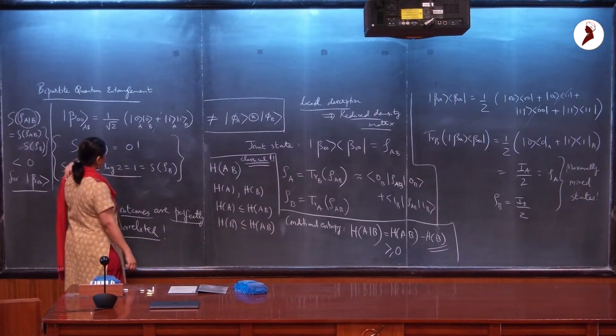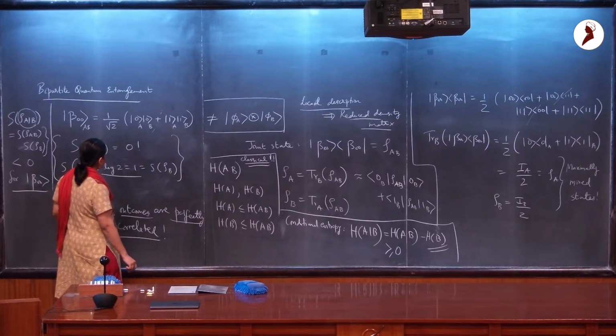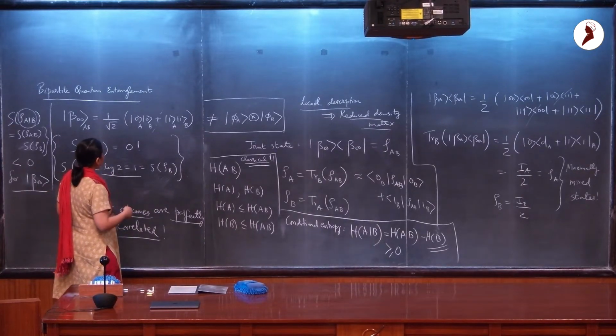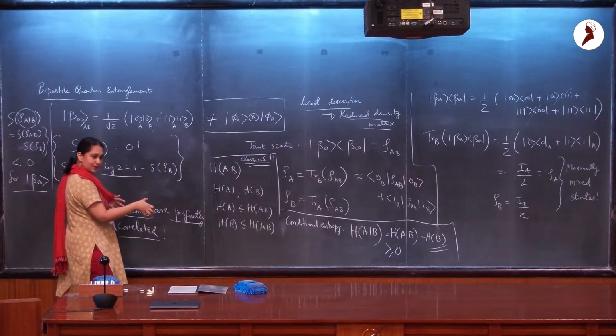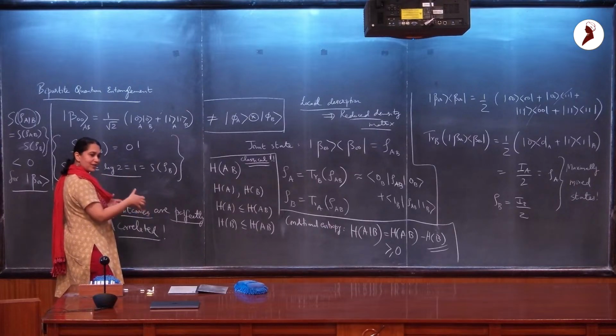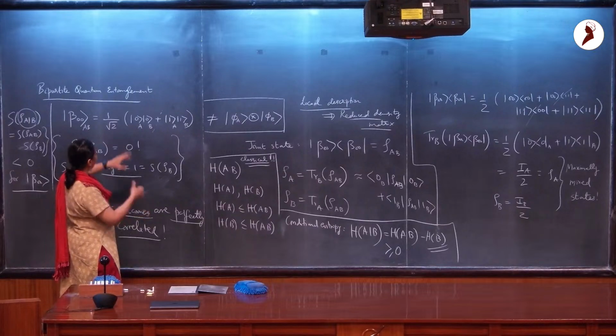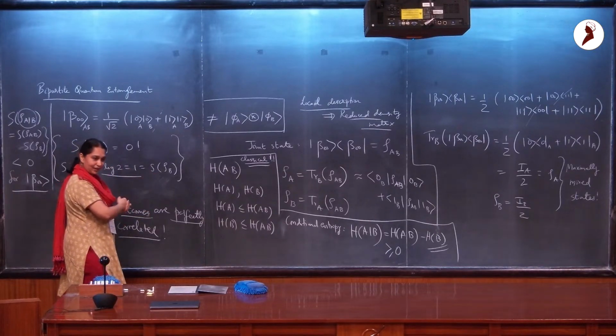But this is saying something more, right? This is saying that your knowledge of the local states is much lesser. Your uncertainty about the local states is much larger than your uncertainty about the whole state itself, right?